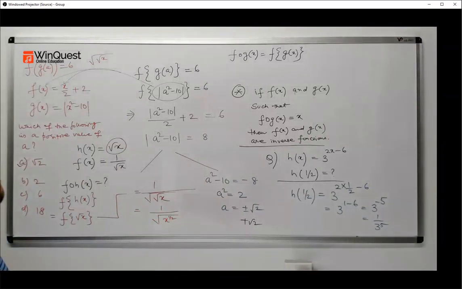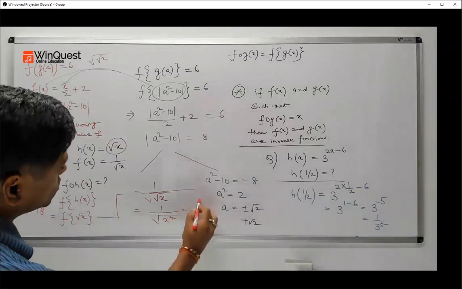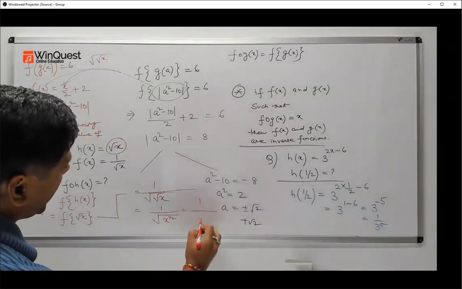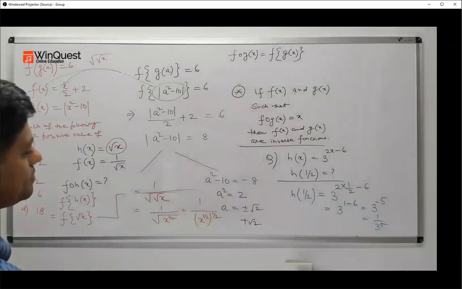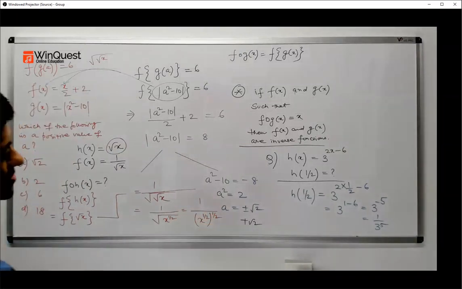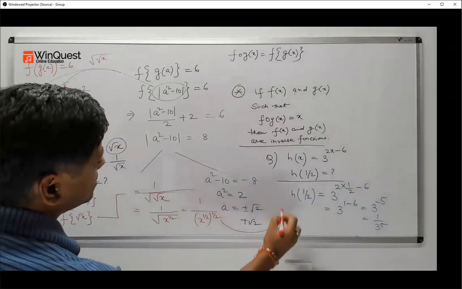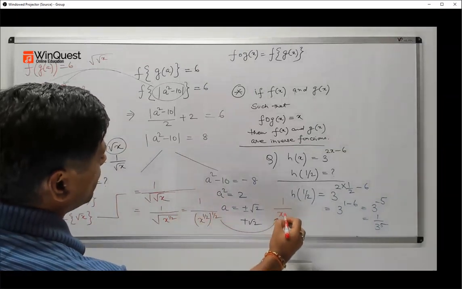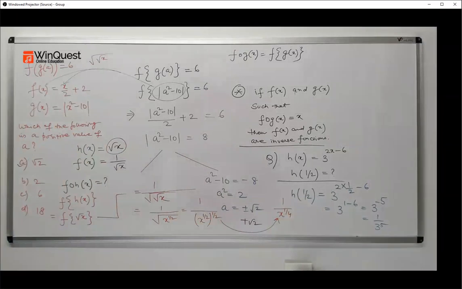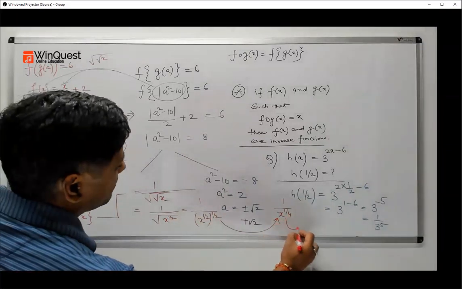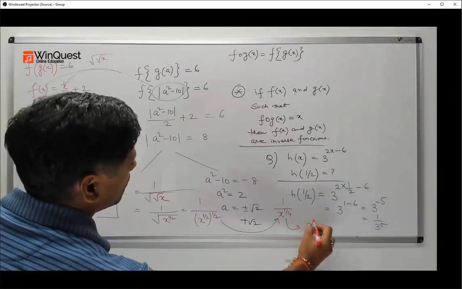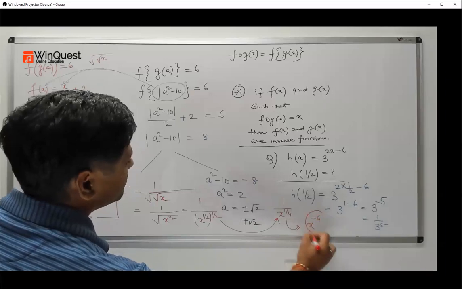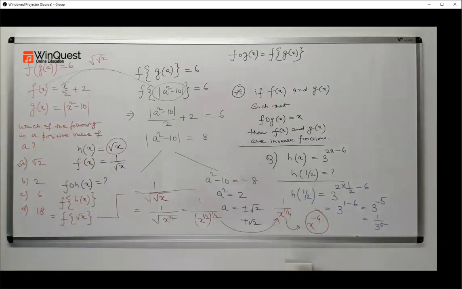So this becomes 1 by x to the power half to the power half. So this becomes 1 by x to the power 1 by 4. Finally, it becomes x to the power minus 1 by 4.